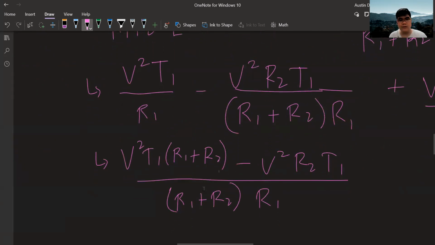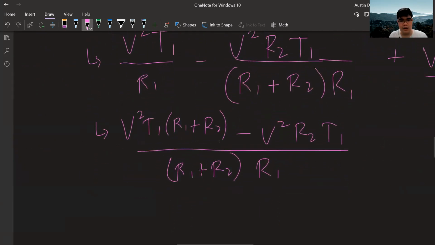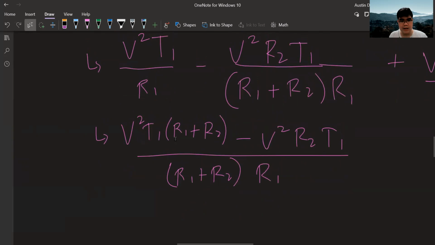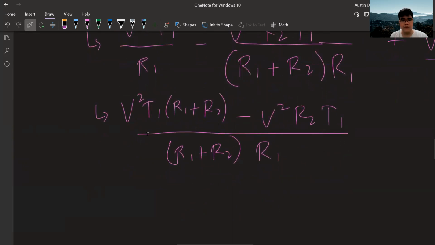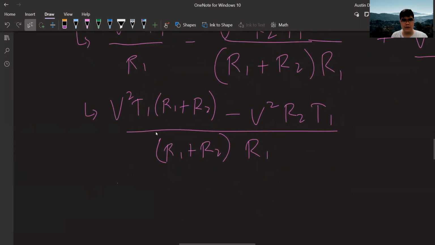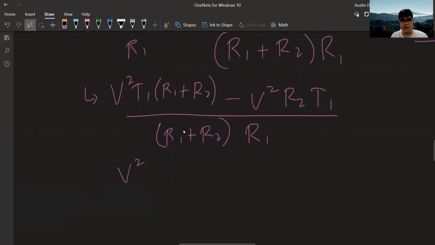Okay. So from here, makikita natin that we could cancel out yung mga R2 sa numerator. So ito, tsaka yung isa dito. Okay, so V squared T1 R1 survives, and then the rest will die out.